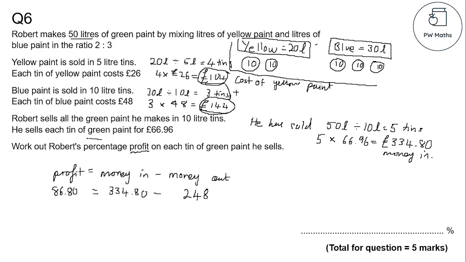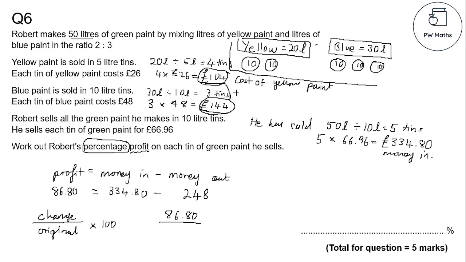But then we've got this awkward word percentage to deal with. The percentage profit, well, percentage change is the change over the original times 100. The change, the profit, £86.80 divided by the original.